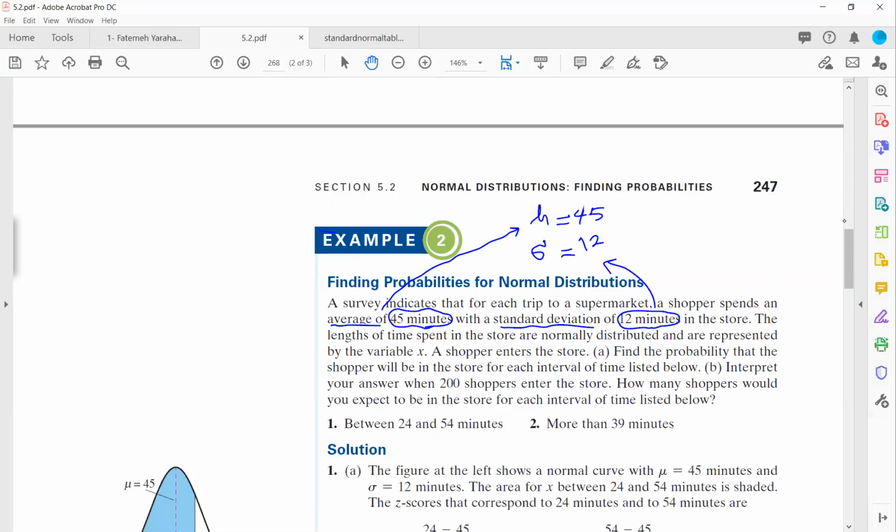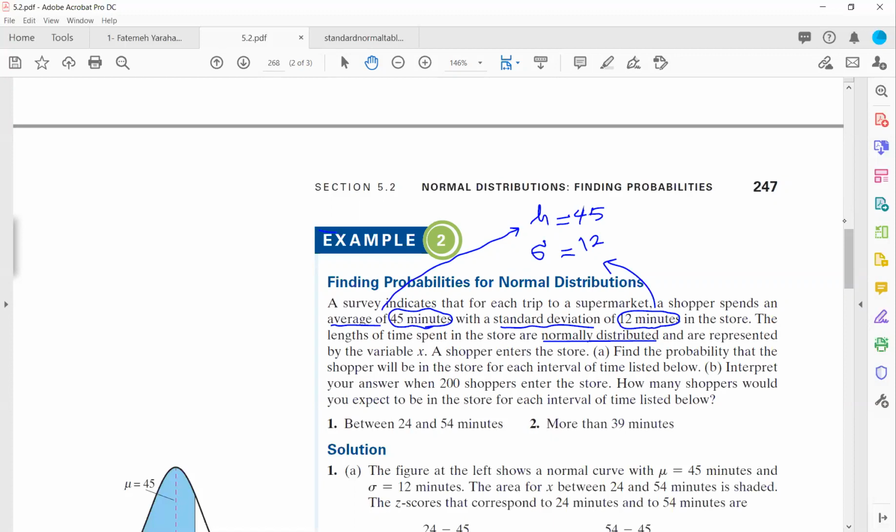The lengths of time spent in the store are normally distributed. So this one assures us that we have a bell curve graph, represented by variable x. A shopper enters the store.